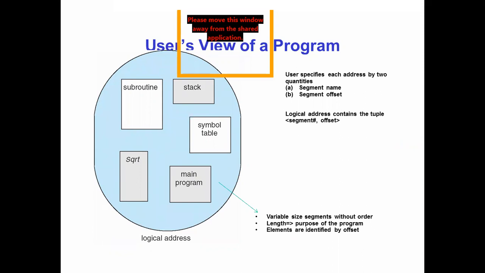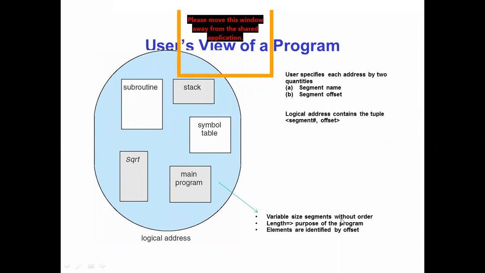We also use a number of header files, such as for the sqrt function, and then this is the main program. So how we divide the program is called the user view. This is not the system or software view, but the user view: the way the user treats his program and divides it.